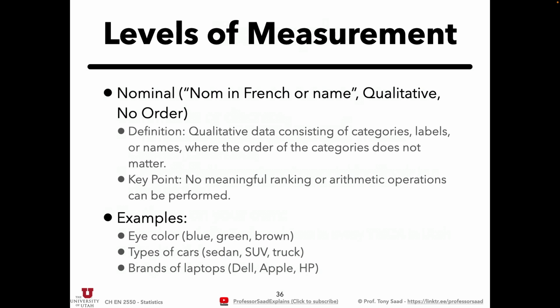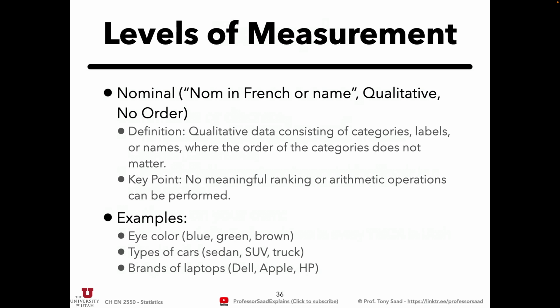So it's qualitative data that consists of categories and labels. There's no meaningful ranking in nominal values, and you cannot do arithmetic operations on them. You cannot subtract them. You cannot add them. You cannot divide them. You cannot compare them in any meaningful way. Okay? They're just completely arbitrary, but they're names.